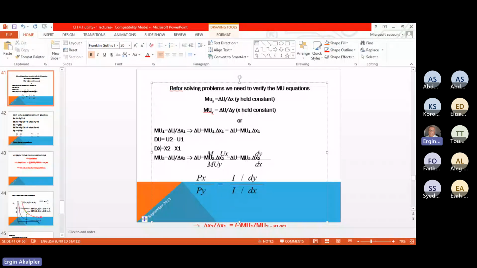And when you divide these by each other, then you will get marginal utility. Is that clear? What is delta? If you have a problem, ask me, because if you don't ask me, how am I going to help you? It's clear, it's clear, bro. It's clear, it's not difficult.